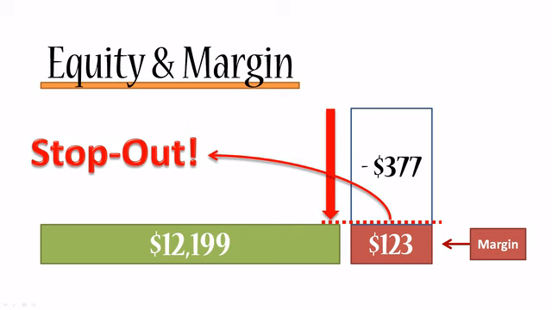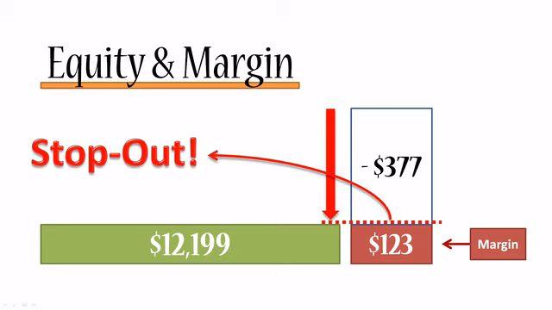The broker will force you out of your position. Basically, as soon as you don't have enough money on your account, the broker will close the position automatically and take the money that you borrowed from them back, and you will be left with just the margin on your account. So the margin in this case is the safety net.